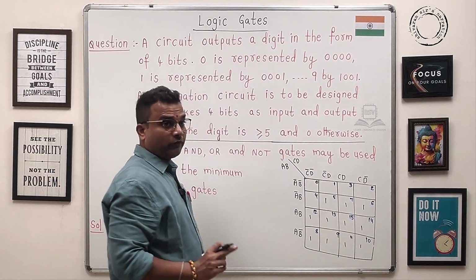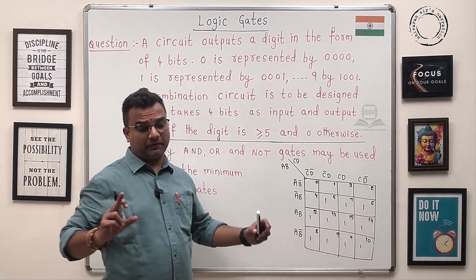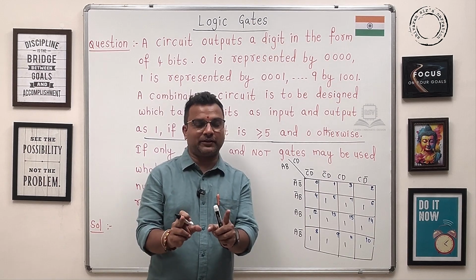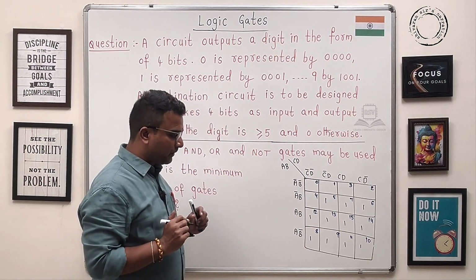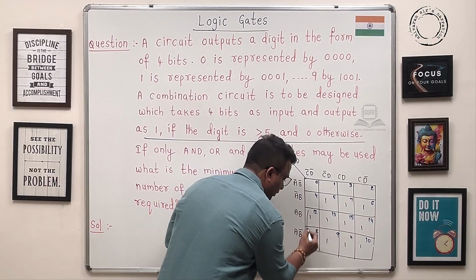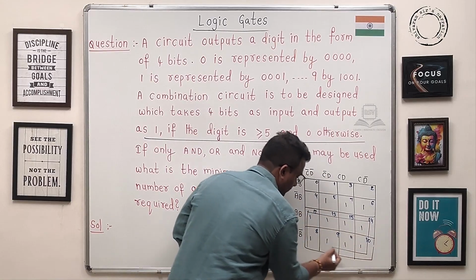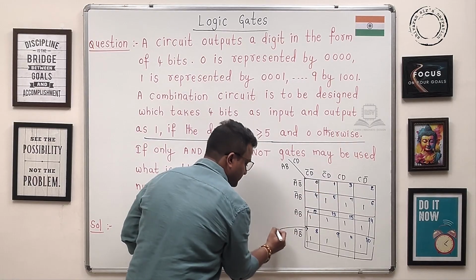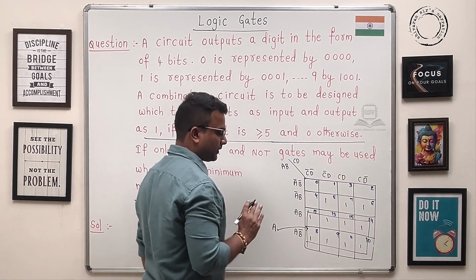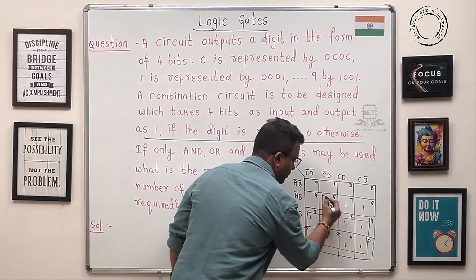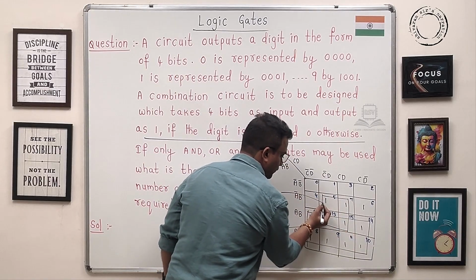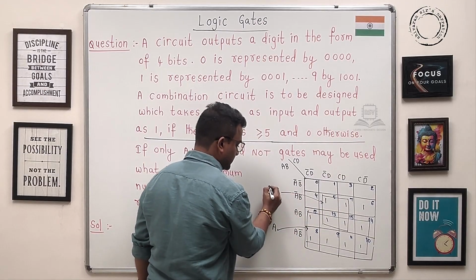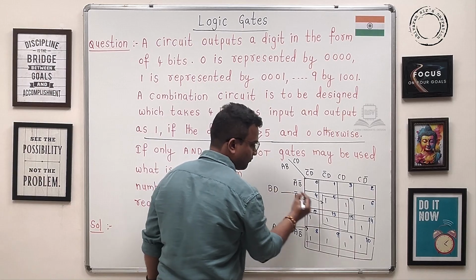Okay. Now, we want to simplify the design. Remember, VLSI means real estate. Again, I am telling you. Now, how can you simplify? You can take here 1 octet. Therefore, B bar gets cancelled, all the terms get cancelled. It is A. Similarly, here 1 quad. Therefore, A bar gets cancelled, C bar gets cancelled. It's BD.